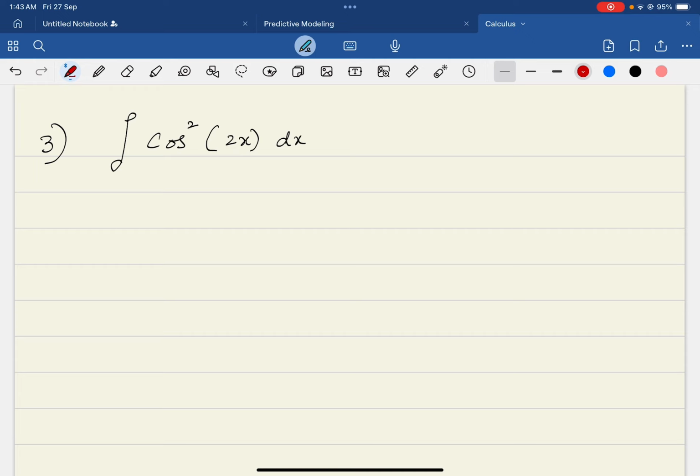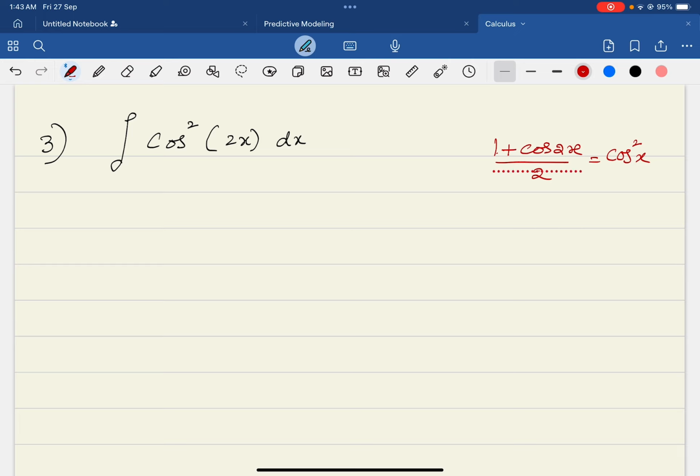The direct formulas for squares are only secant square and cosecant square, but not for cos square. So what we do now, we write the formula as (1 plus cosine 2x) over 2 is cosine square x.